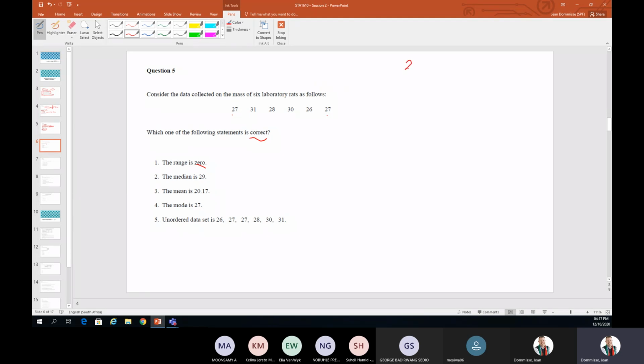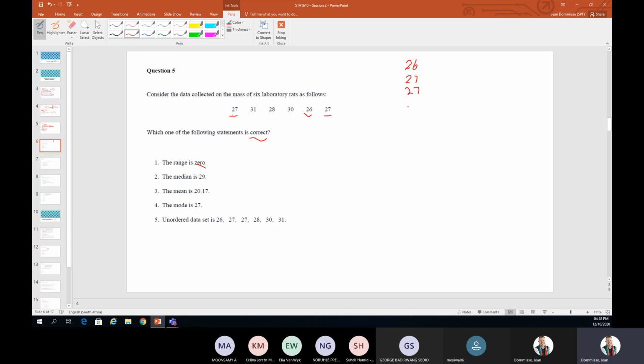So the first data point is 26. Then we have two 27s, which is that one and that one.